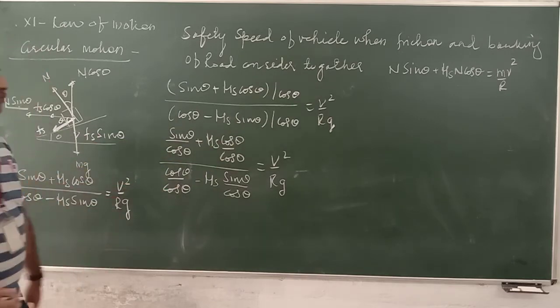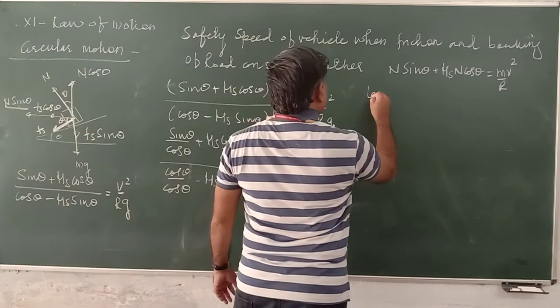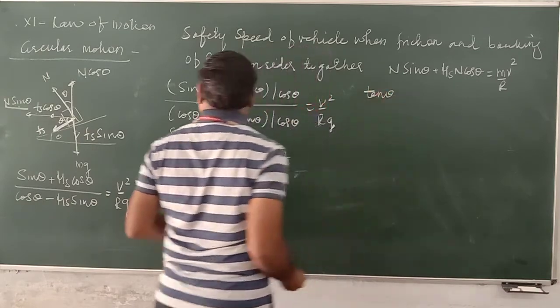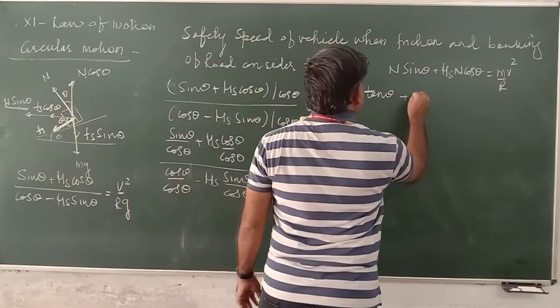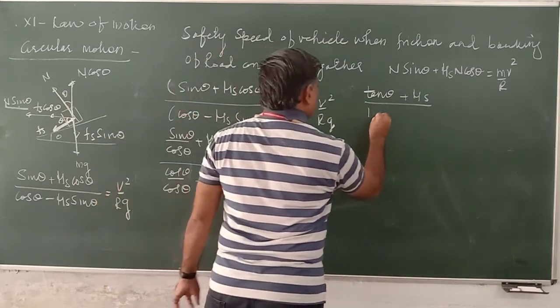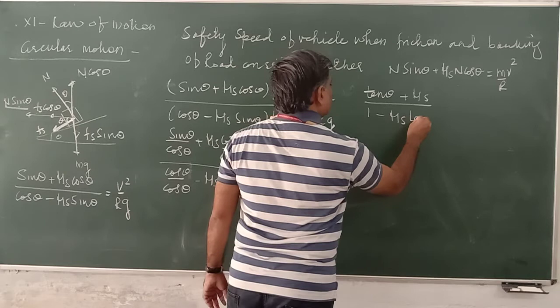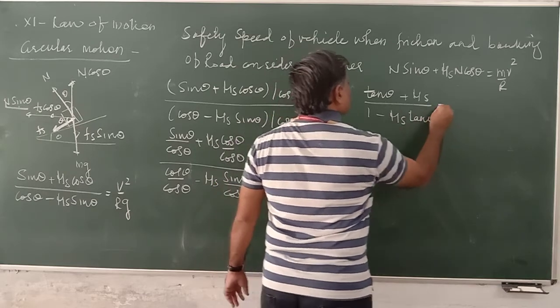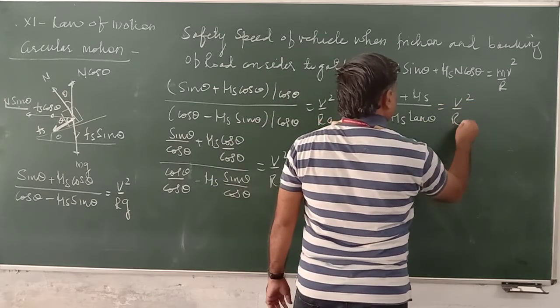So we get tan theta plus mu s divided by 1 minus mu s tan theta, which is equal to v square by rg.